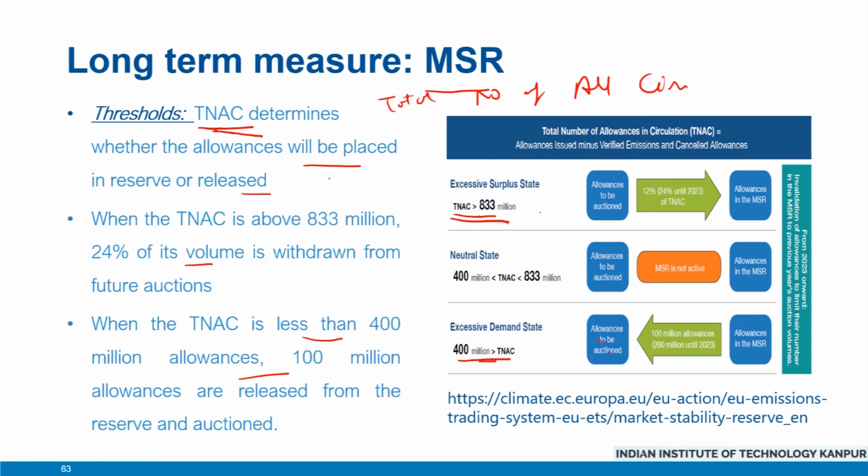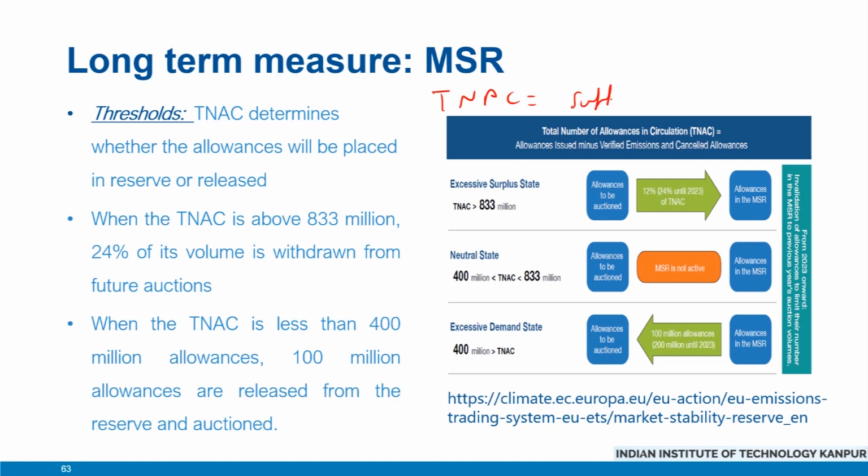So the TNAC here, let's understand this TNAC. This TNAC is the amount of allowances banked by the market participants for future use at the end of the year, and this TNAC is computed simply as the contemporaneous excess supply of allowances.